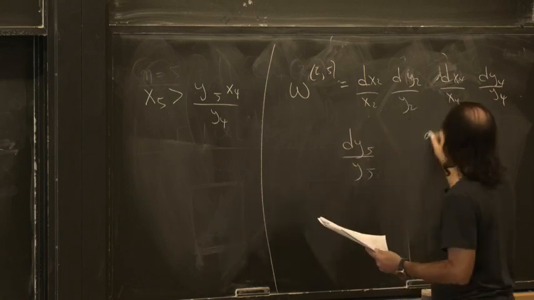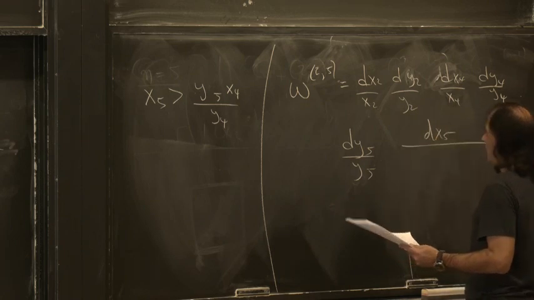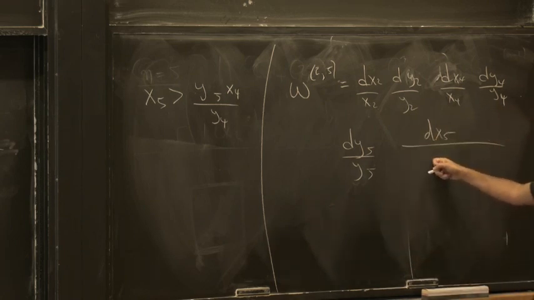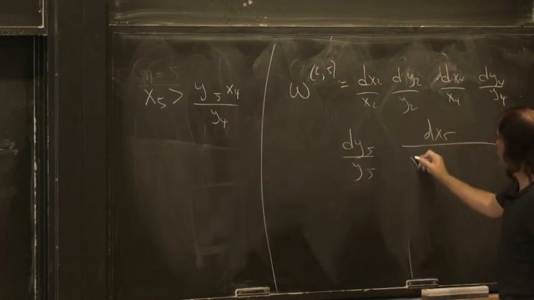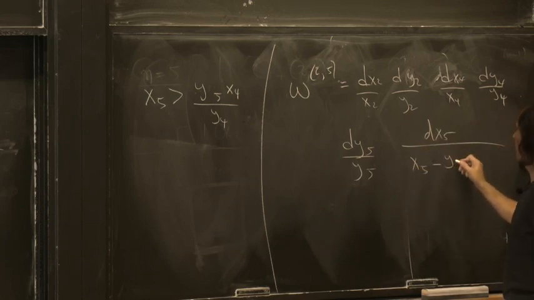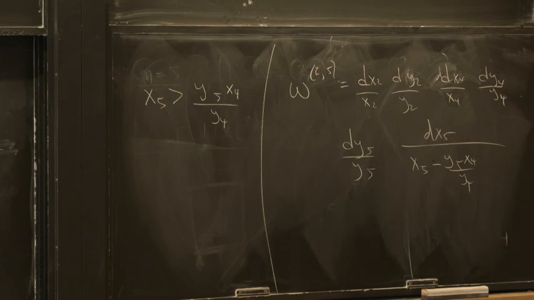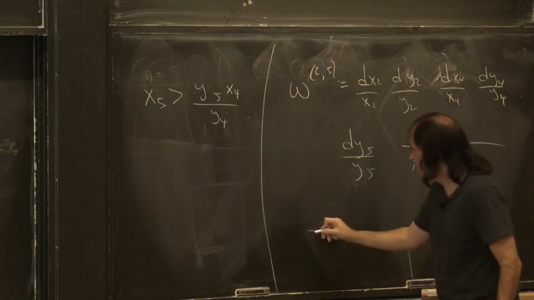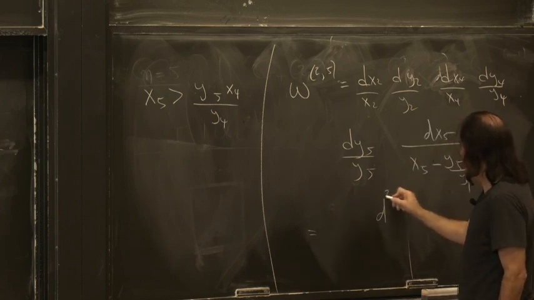But the last one is dx5. And x5 doesn't just have to be bigger than 0. It has to be bigger than this thing. So it has to be x5 minus y5 x4 over y4. And of course, that y4 here just combines with that to give me a minor of the matrix. Okay? So this ends up just being, once again, d2 times.